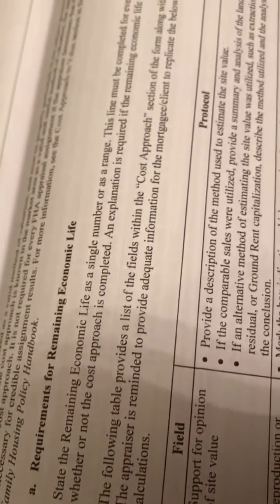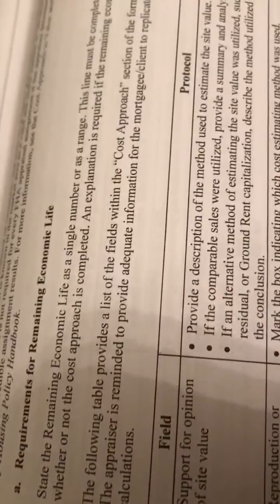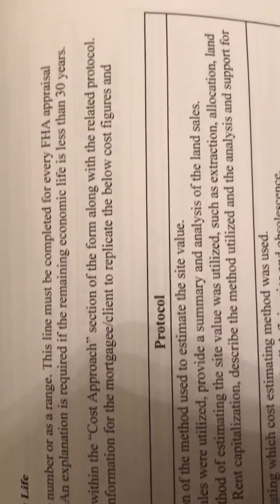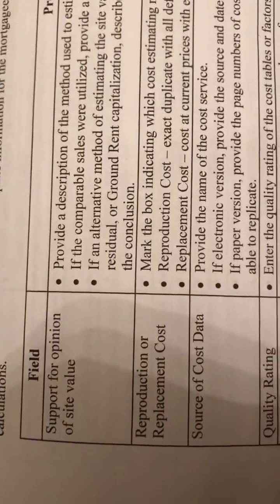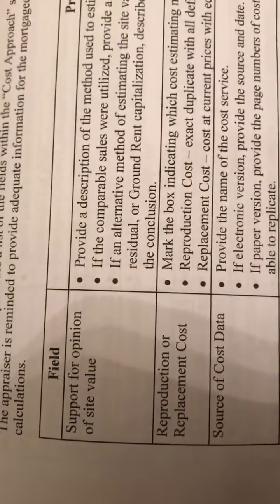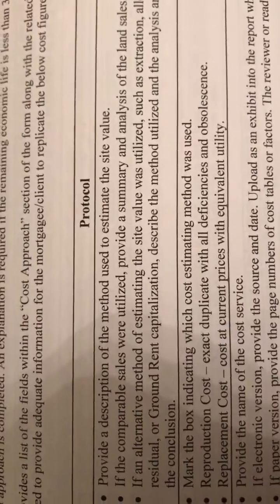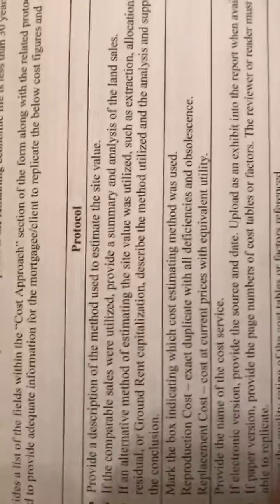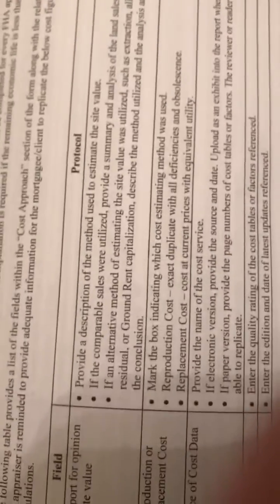The following table provides a list of the fields within the cost approach section of the form along with the related protocol. The appraiser is reminded to provide adequate information for the mortgagee/client to replicate the below cost figures and calculations. Field: Support for opinion of site value. Protocol: Provide a description of the method used to estimate the site value. If comparable sales were utilized, provide a summary and analysis of the land sales.